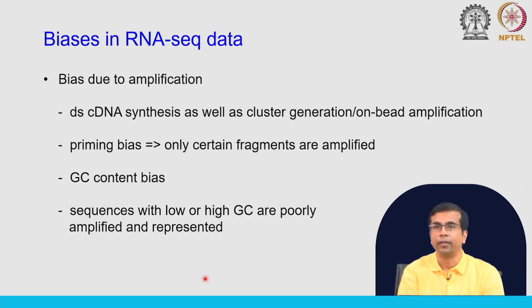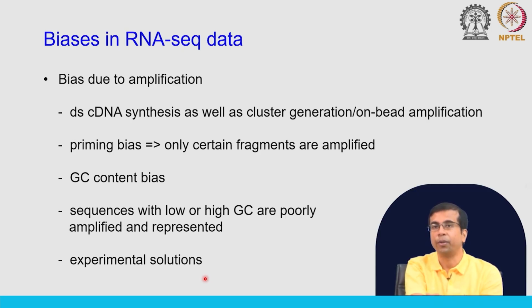Again, this has something to do with the amplification process, and you can make certain modifications in the amplification step. This is an experimental modification. You can add certain solutions that will help in better amplification of these low or high GC regions, so that you get a more or less uniform representation of all these regions in the RNA-seq library.